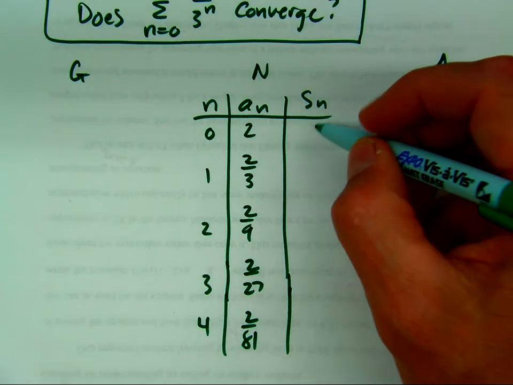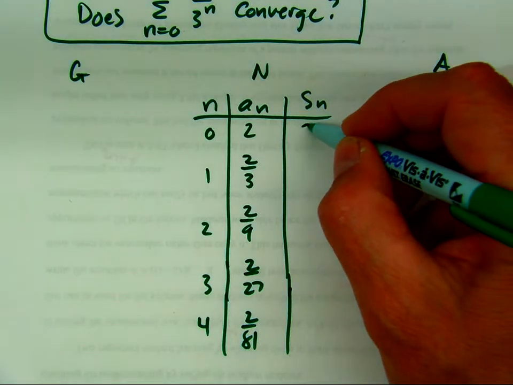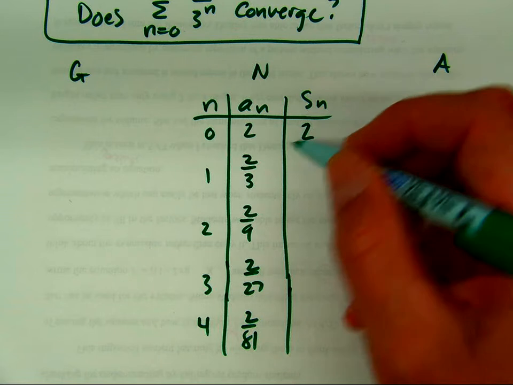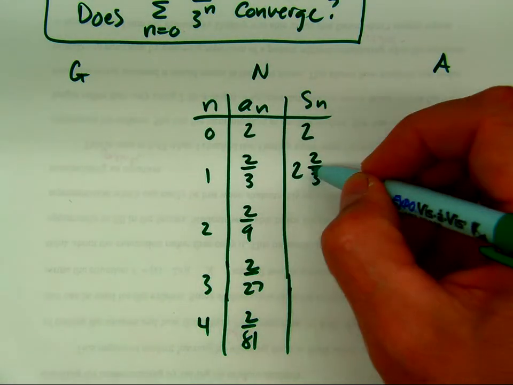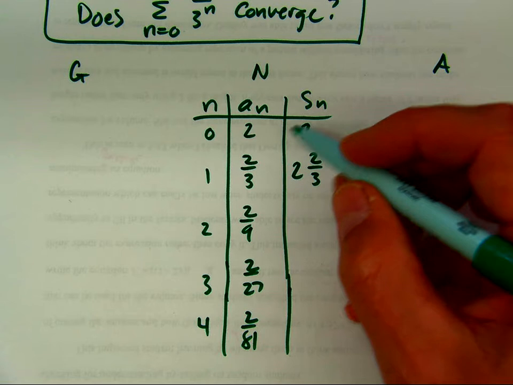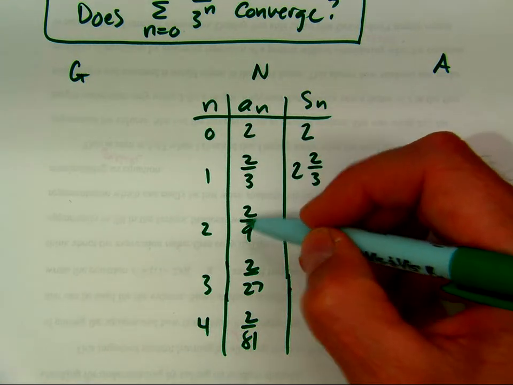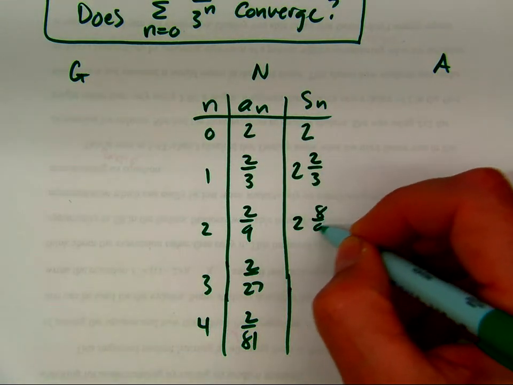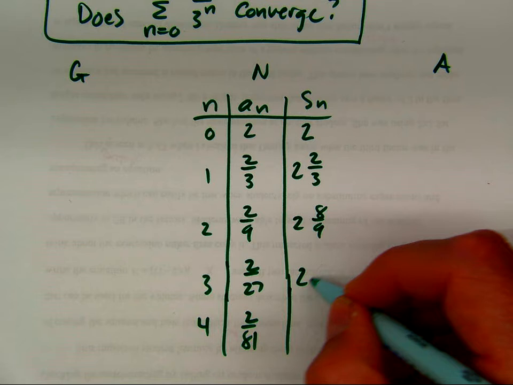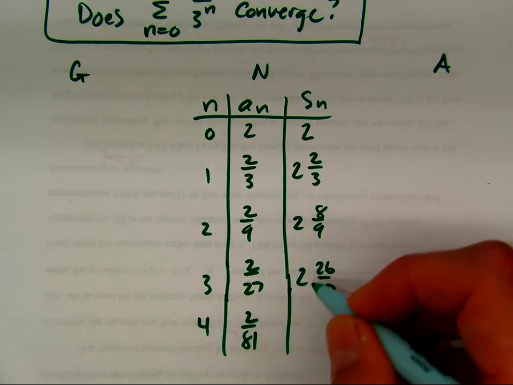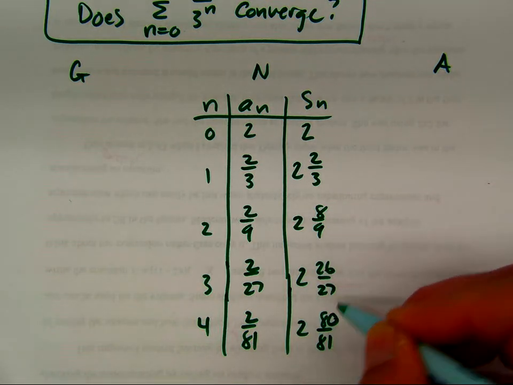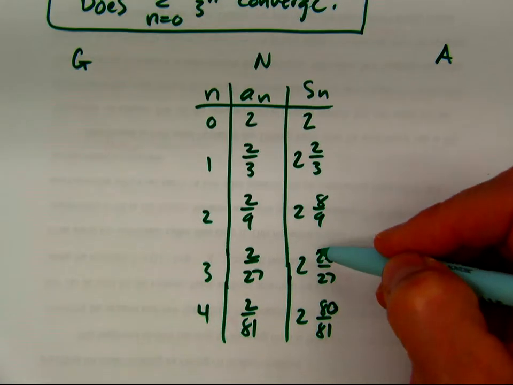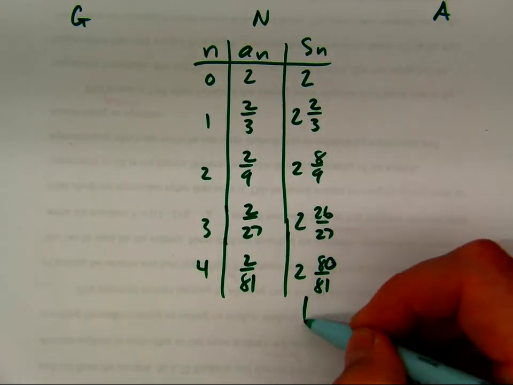So let's see what's happening to the partial sums, the sum of the first term. Then we're going to add these. Add the first two terms. We'll add all three of these terms. And we can see clearly what's happening here with these.